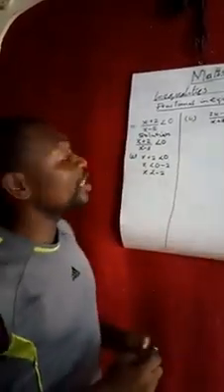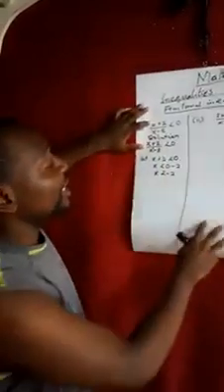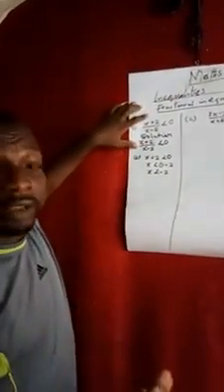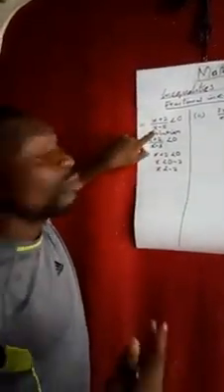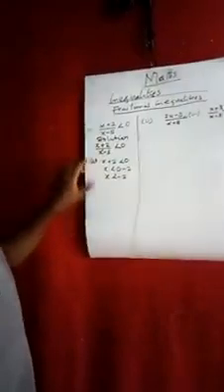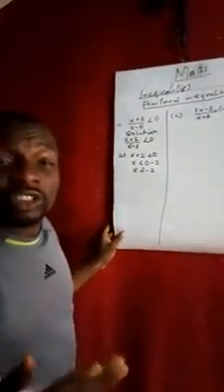If we use minus 3 to test this inequality, x plus 2 becomes minus 3 plus 2, making it minus 1, while x minus 5 becomes minus 8. So minus 1 over minus 8 will give us 1 over 8, which is a positive value. That means the inequality does not satisfy.